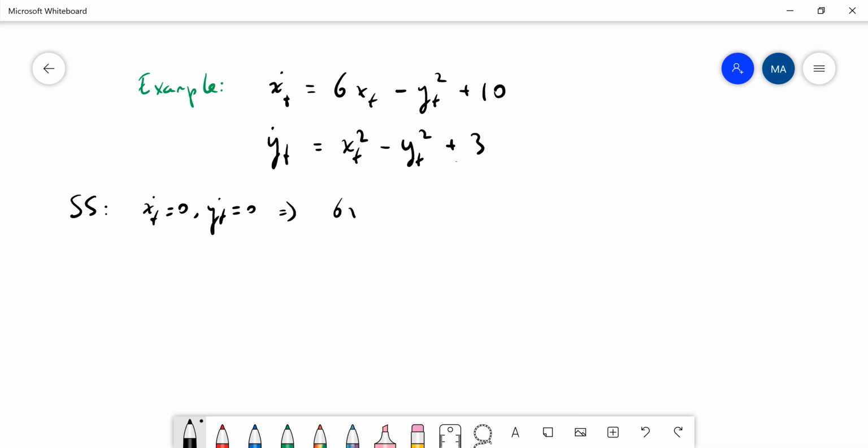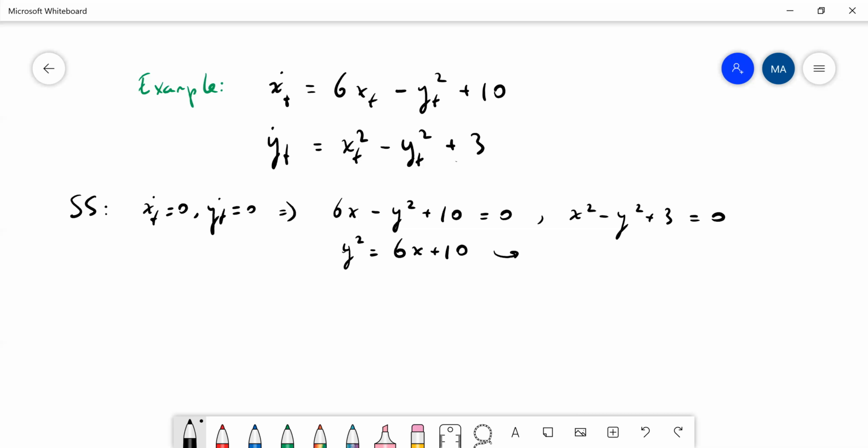So we have 6x minus y squared plus 10 equals 0, and x squared minus y squared plus 3 equals 0. From the first equation, y squared is equal to 6x plus 10.